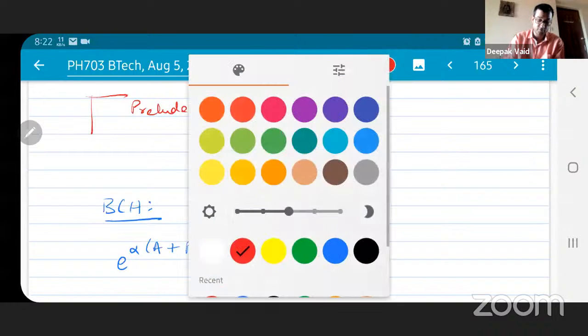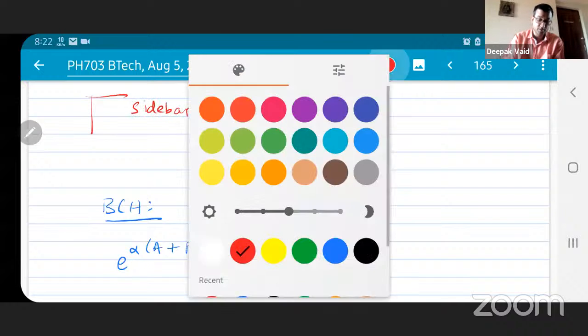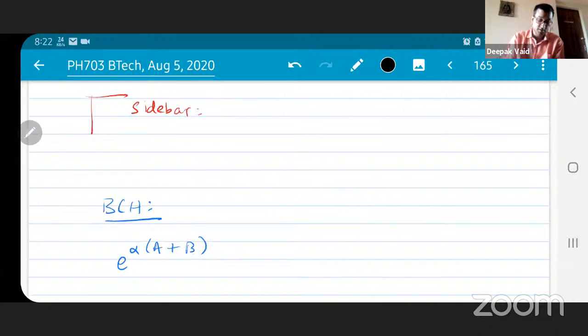Prelude, or maybe prelude is a fancy word, I'll say something else. Sidebar. That for ordinary numbers, right, we have this property, right? Exponent A times exponent B is equal to exponent A plus B.